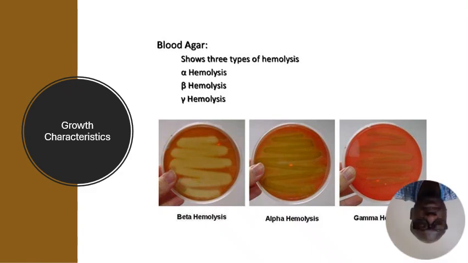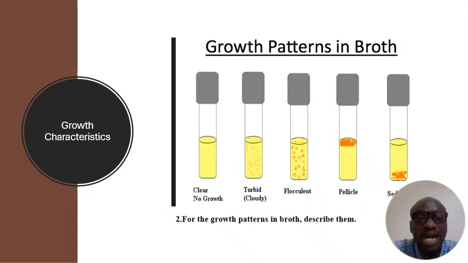Let's go to the next aspect, which is their growth in liquid medium. Liquid medium is also called broth. This is an example of a broth. It's a liquid medium that facilitates the growth of bacteria. In broth cultures, bacteria can exhibit different growth patterns. They can have a uniform turbidity, which becomes cloudy.